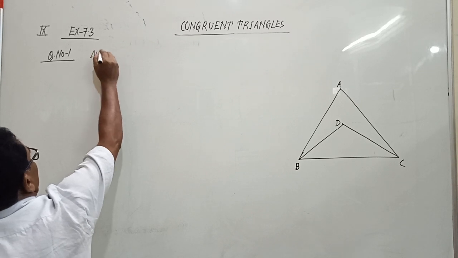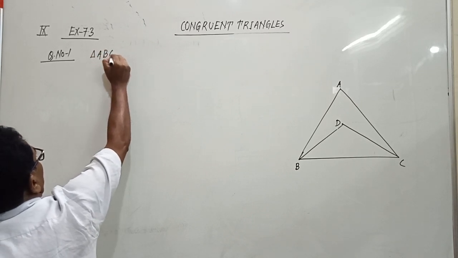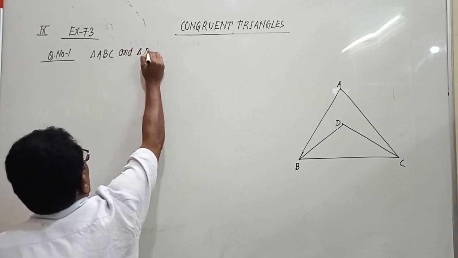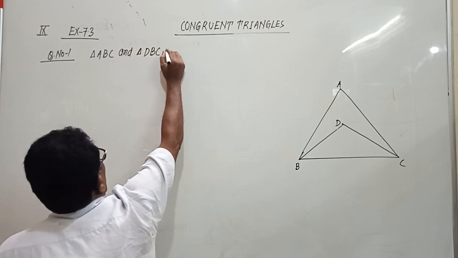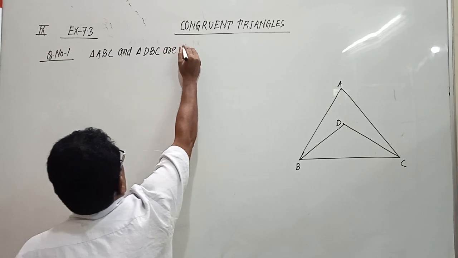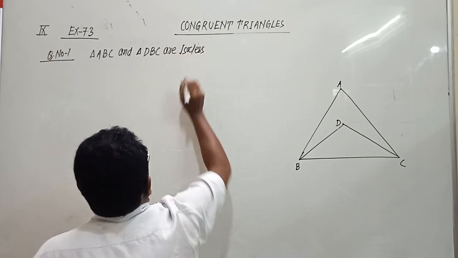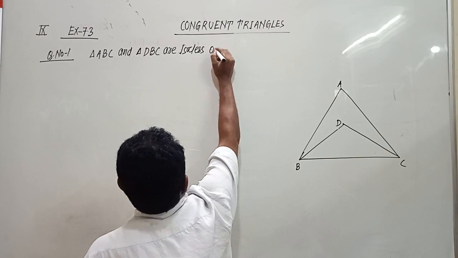So triangle ABC and DBC are isosceles on the same base BC.